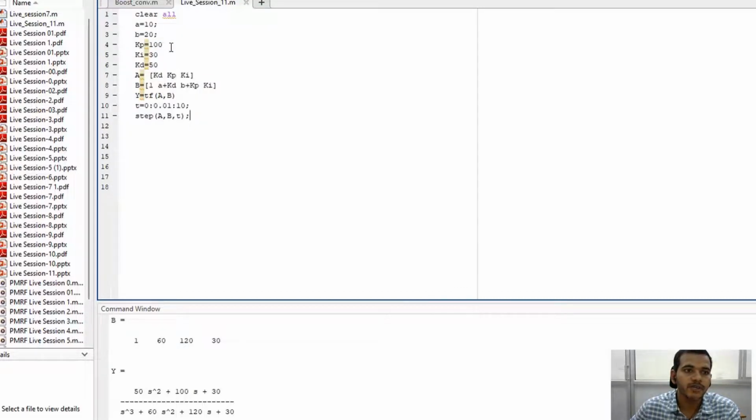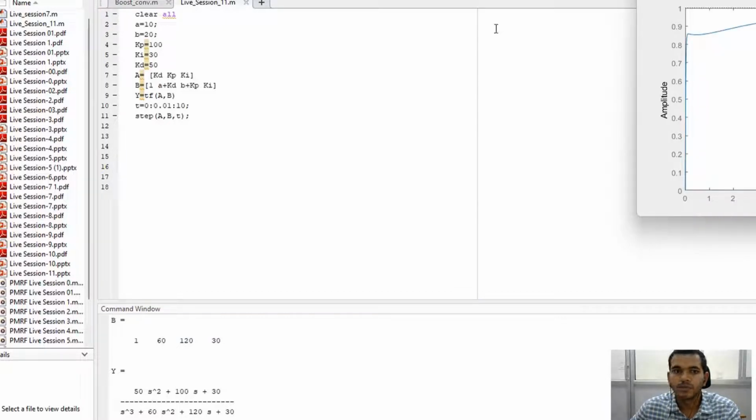What happens if KP, KI increase and KD also take something. If you increase the KI, then our system goes to a steady state error of 0. If I increase the KP, then error will also decrease, but not to 0, because if you observe this, some error is here.